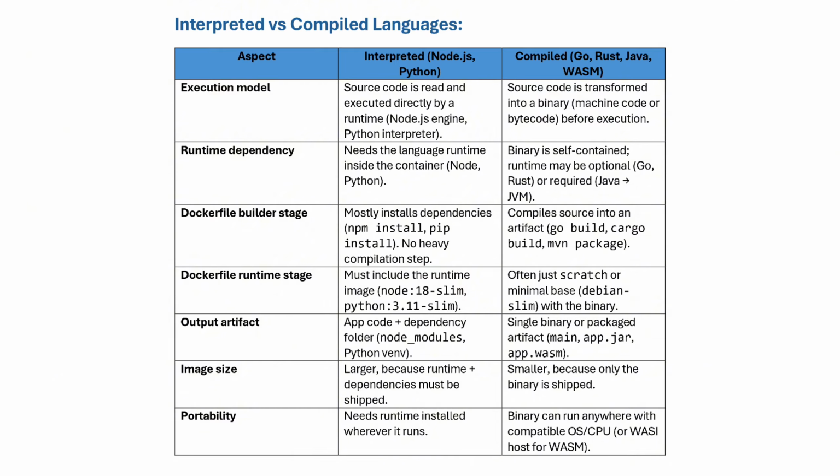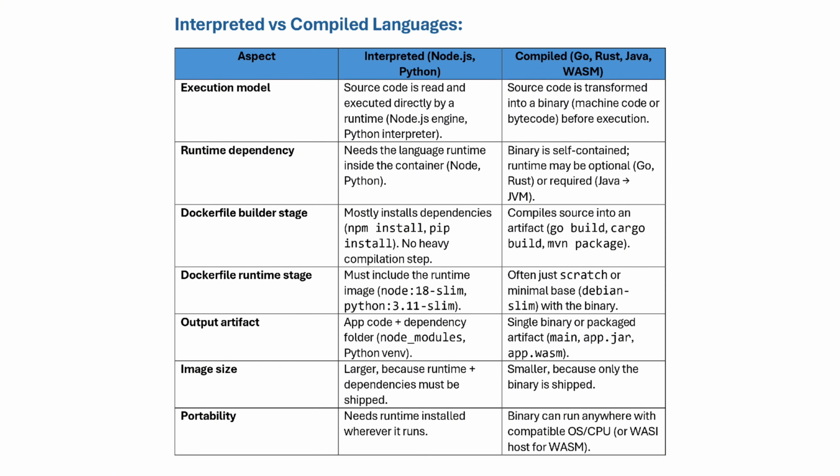So the application is compiled into a single artifact, then that artifact is transformed into binary, machine code or byte code before its execution. Image size in interpreted languages is larger because of the runtime plus the dependencies that are a must, whereas in compiled languages image size is smaller because only the binary is shipped.